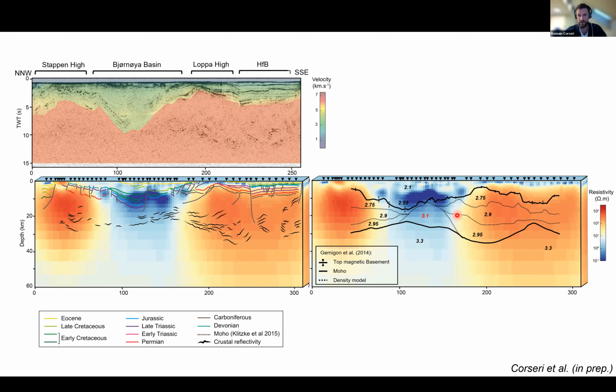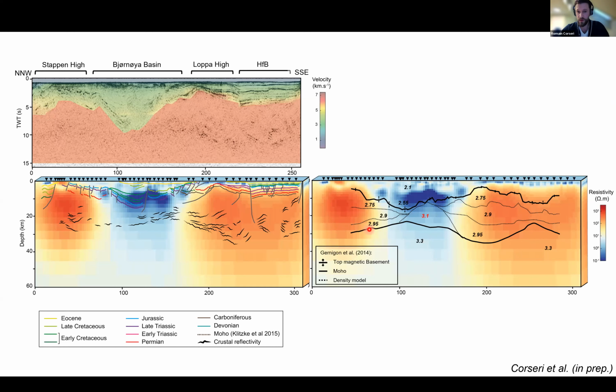To the right, you can see the model from potential fields, so from magnetic and gravity data. What you can see here is the top basement from magnetic data as recovered by Jernigan and co-workers.